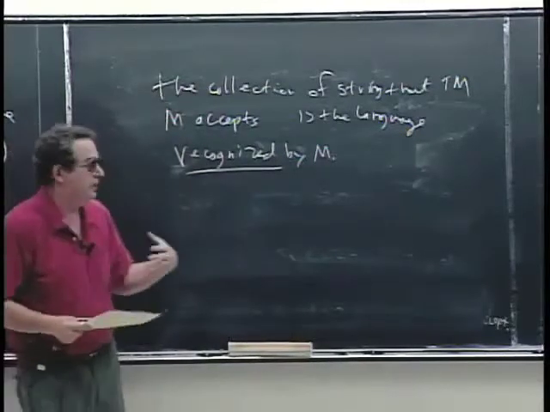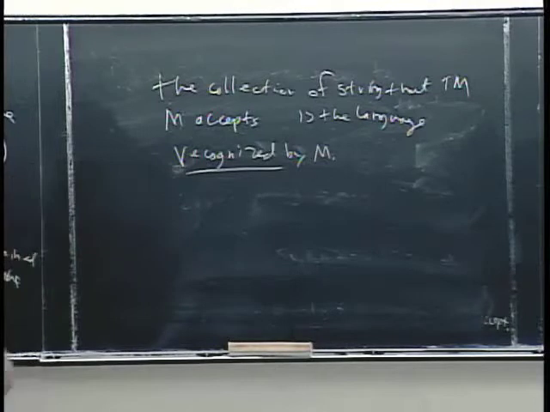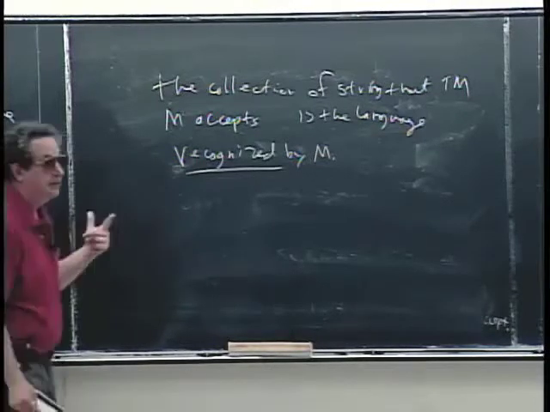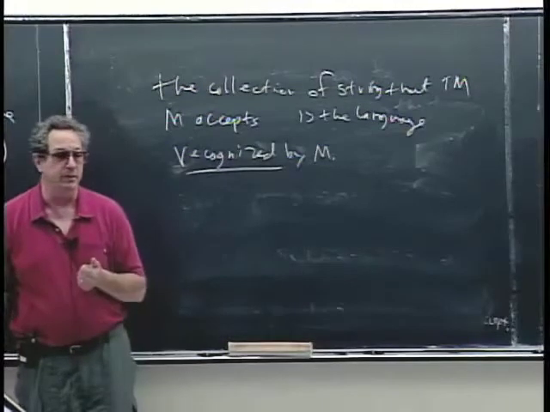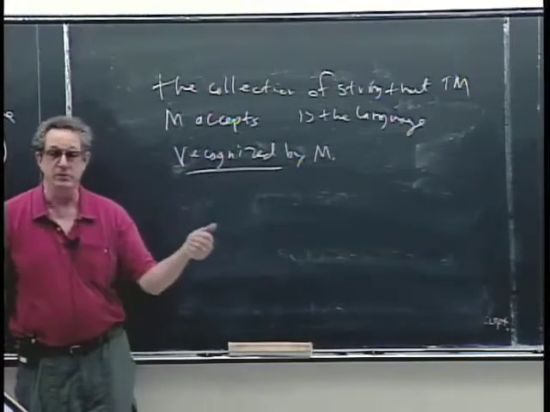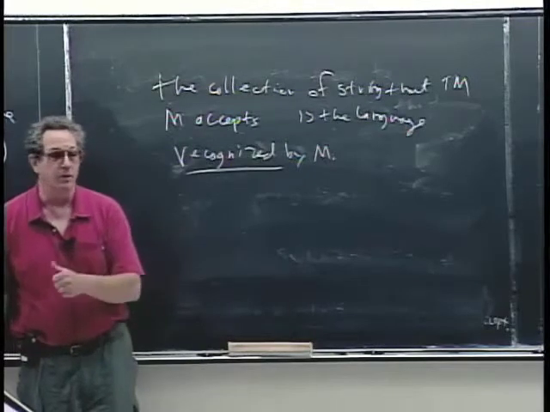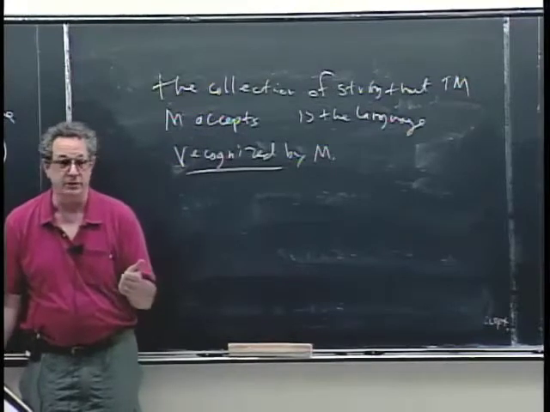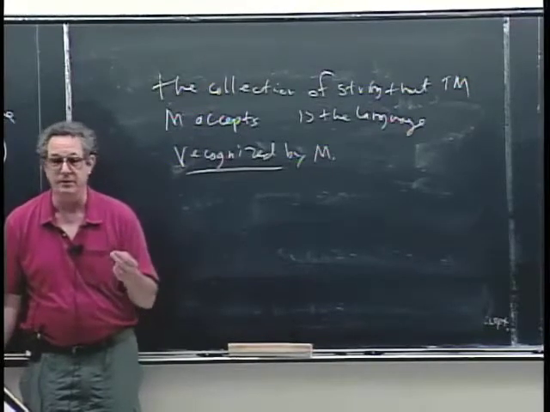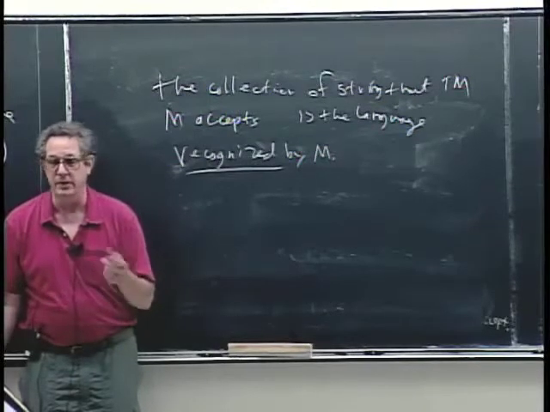So we have a Turing machine, and given various input strings, it does its computation and does one of three things on each possible string it's given. It runs ultimately to an accept state, in which case that string is accepted, or it runs to a reject state, in which case that string is rejected, or what's the third thing? It spins its wheels and doesn't get to either of those states ever.